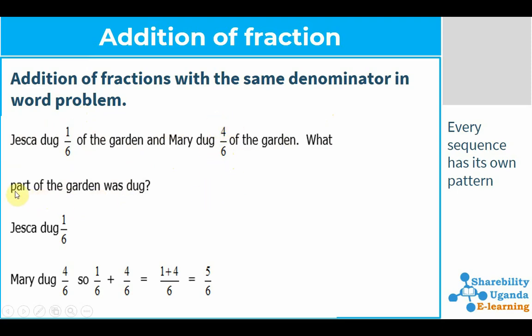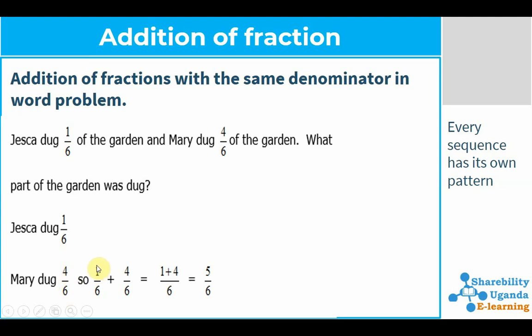We get the part dug by Jessica, which is 1 out of 6, and we add it to the part dug by Mary, which is 4 out of 6.